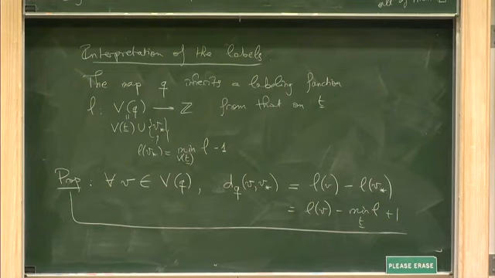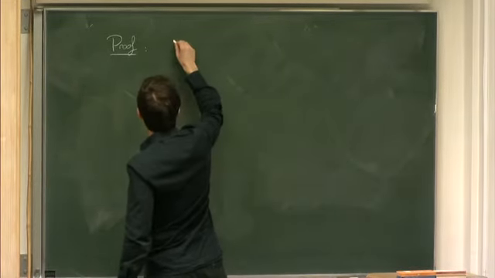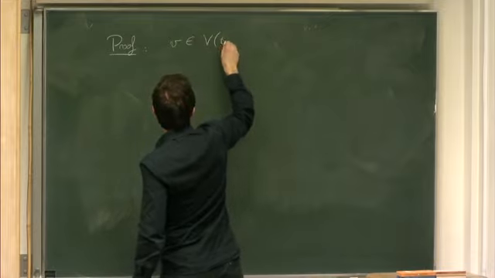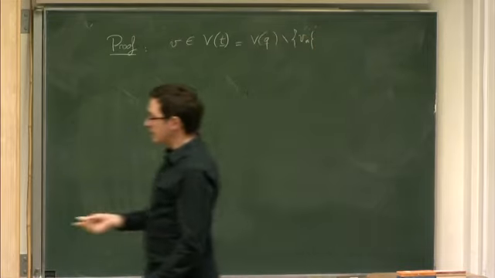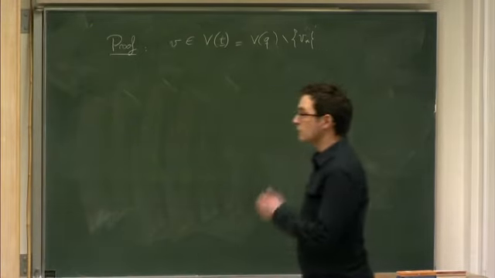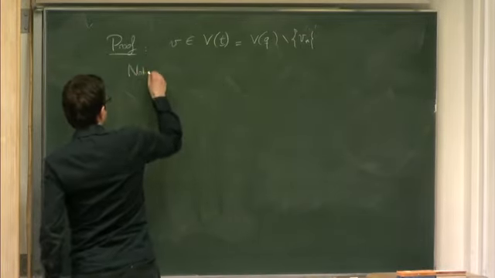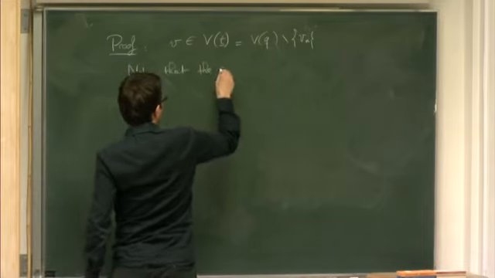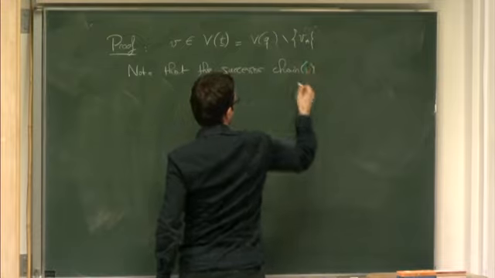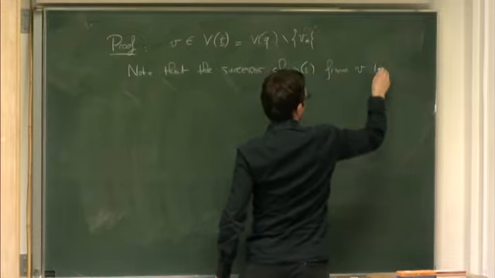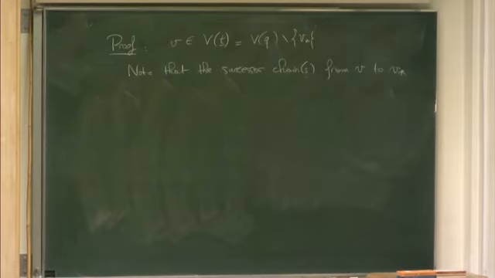The proof of this proposition is really not very difficult. Let's take v in the set of vertices of T. Of course, for v star there is nothing to prove, since v star is at distance 0 from itself. So let's take a vertex in the tree. Note that the successor chain from v to v star has exactly the length that I'm claiming, because along the successor chain I decrease labels by 1.